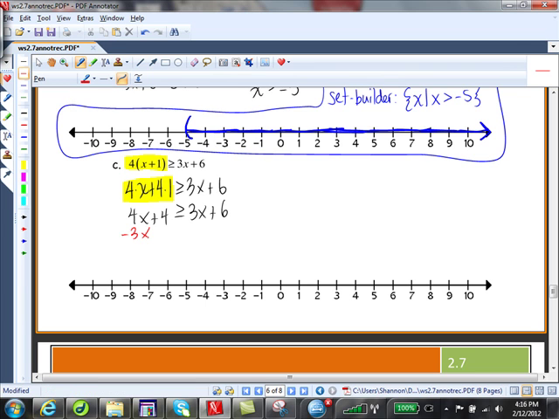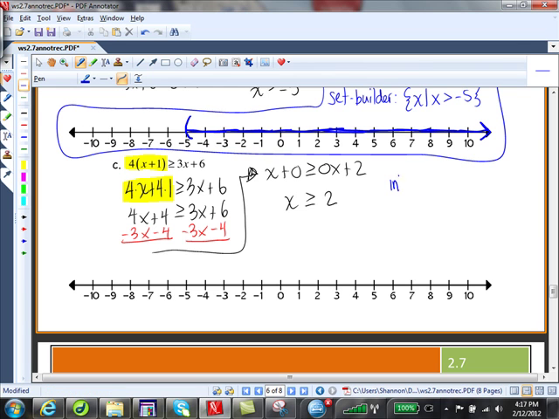If I subtract 3 x's, then I'm also going to need to subtract 4. I'll get x plus 0 is greater than or equal to 0 x's plus 2, which gives us x is greater than or equal to 2. Remember, 0 times x is 0.